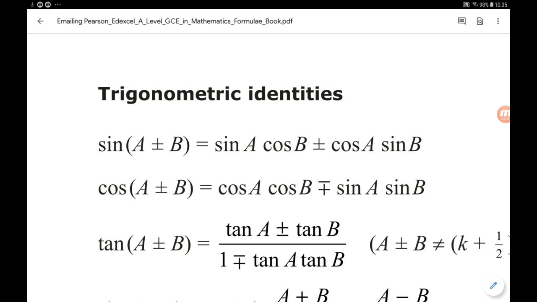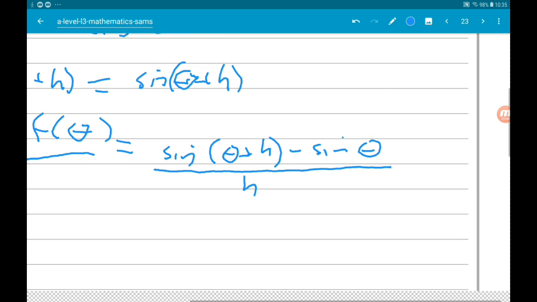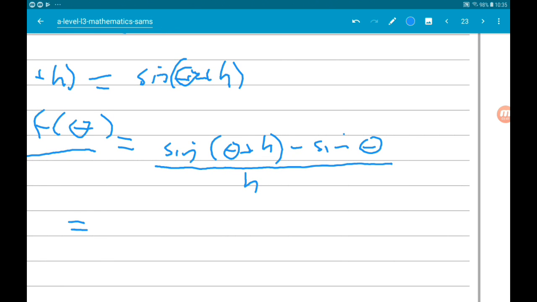So, sine of A plus B is sine A cos B plus cos A sine B. So, we can say then that this is equal to sine theta cos h plus sine of h cos theta minus sine of theta all over h.